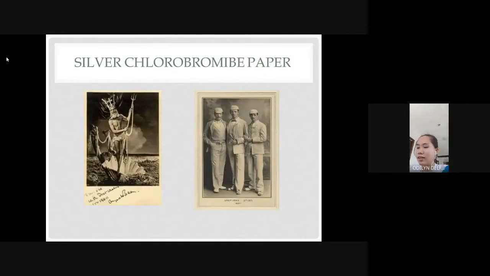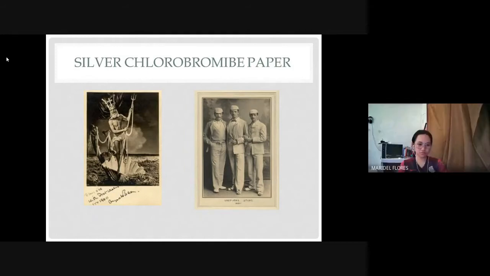Next, the second picture is by Angus MacBean, and the next picture is by Charles Todd.